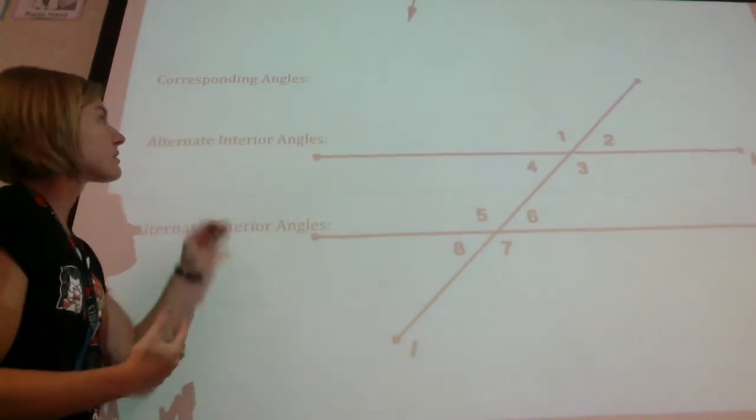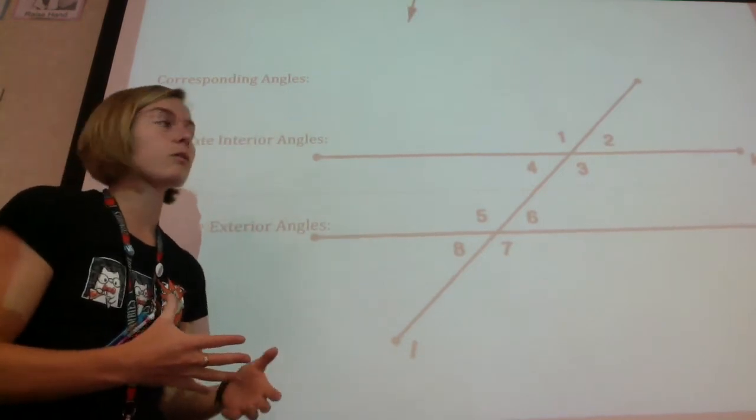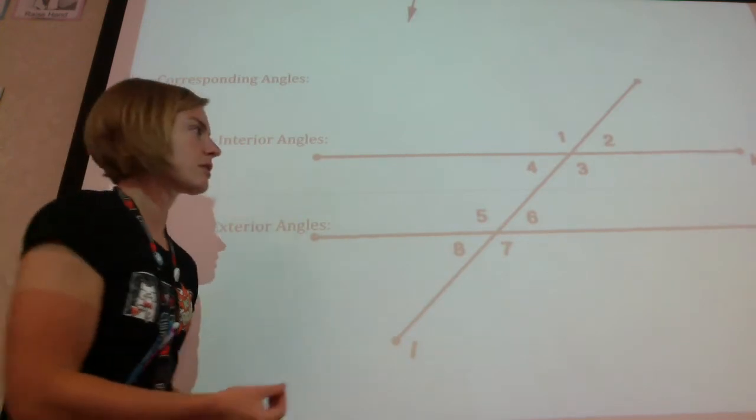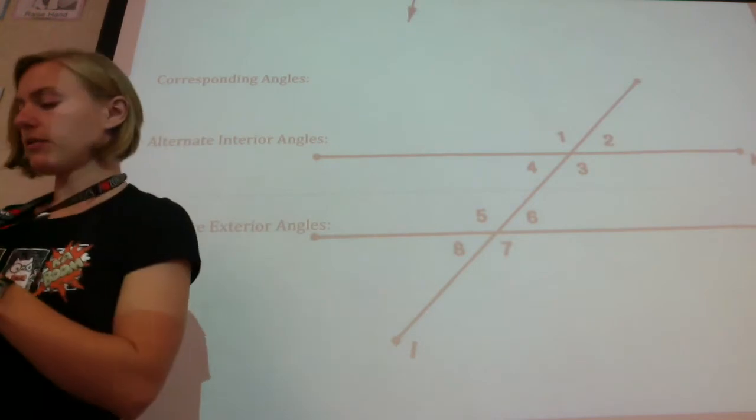So let's get down these names. So corresponding angles are going to be equal when we have parallel lines. And corresponding angles means it's in the same spot. So 4 is in the same spot as 8. So let's write that down.